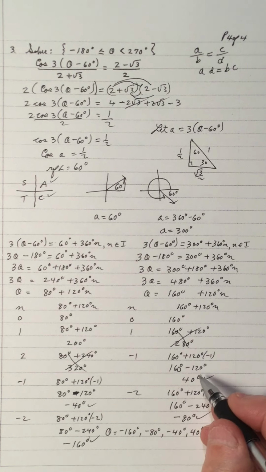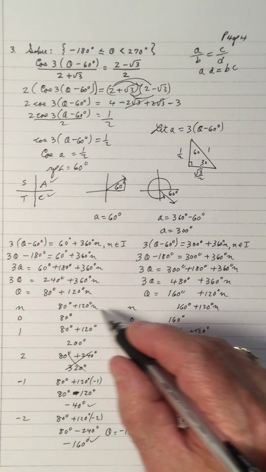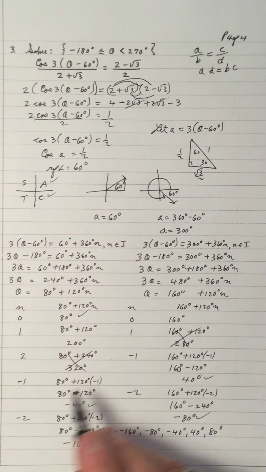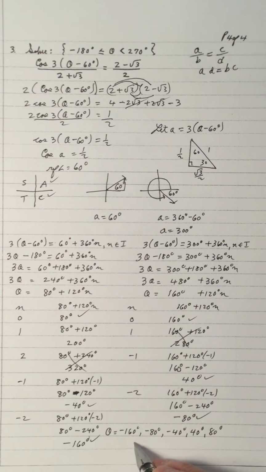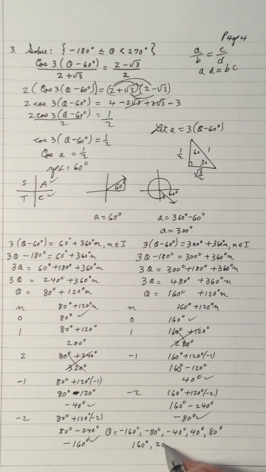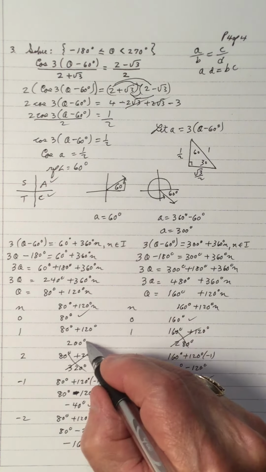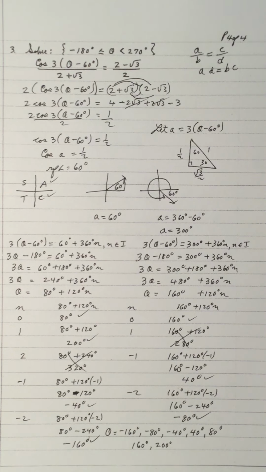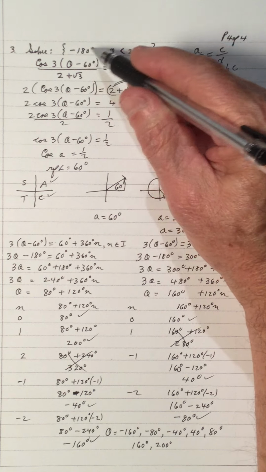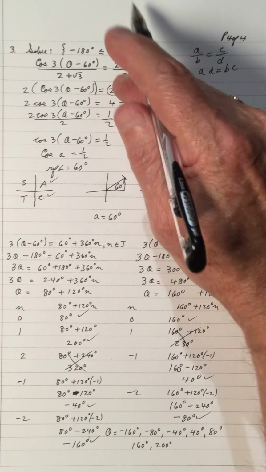We have 40, and we have an 80. And we have 160 and a 200. So notice as I picked them up, I marked them off. Now these are all the angles that lie between -180 and 270 that make this equation true.